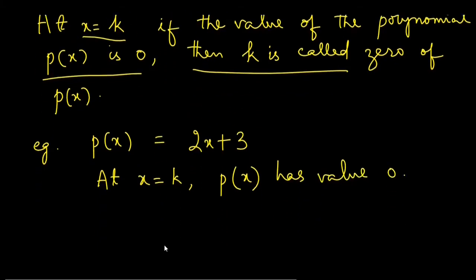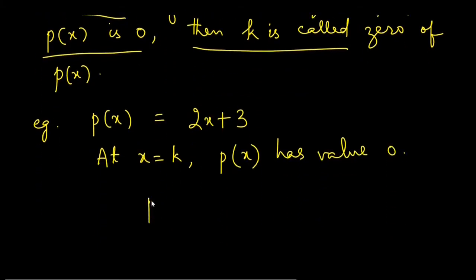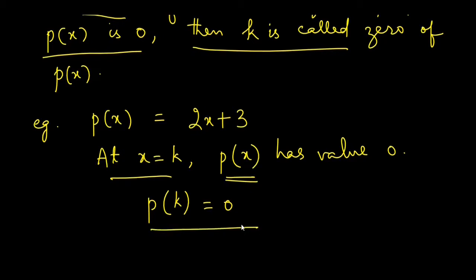That means p of k is equal to 0. At x equal to k, the value of p of x is 0. That means p of k is equal to 0.